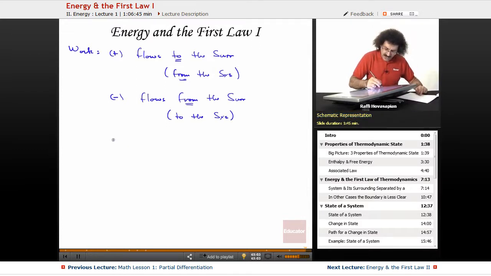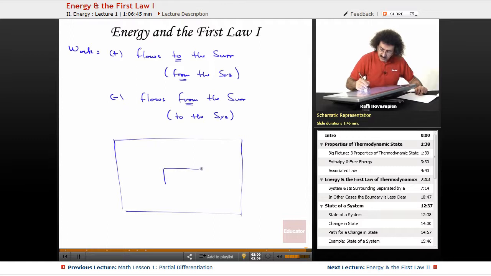Let's go ahead and give a schematic representation of what it is we're talking about here. So we have our system here. We have our surroundings here. Heat positive. Heat negative.